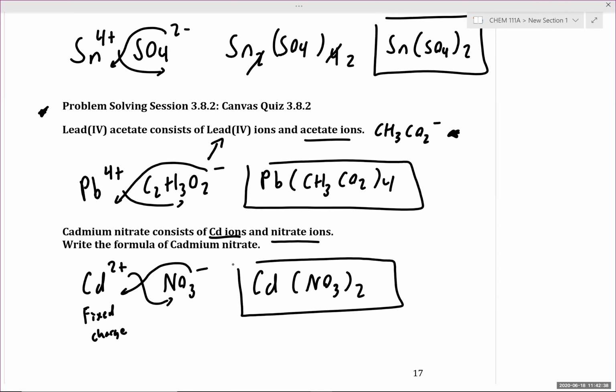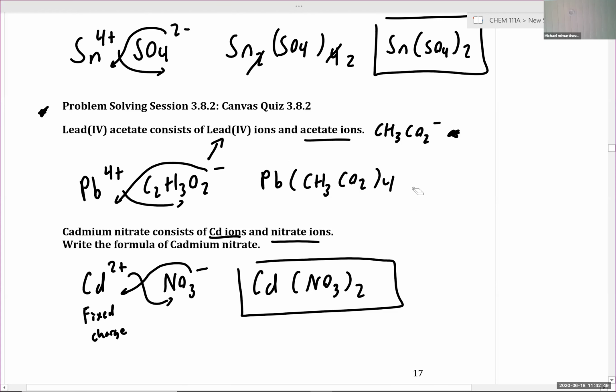Yeah, I have a question on the first one though. I got confused as to why does it look like that? Like what happened to the C2? Why is it now CH3CO2? These are two ways of writing acetate. If you prefer the other method, we can write it as PbC2H3O2.